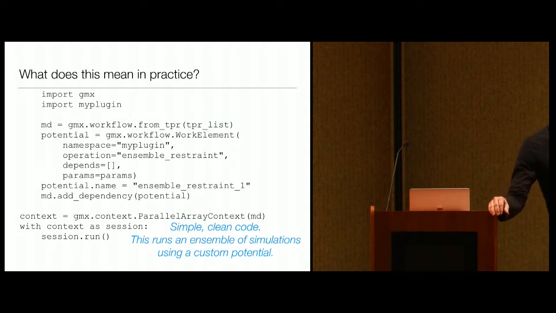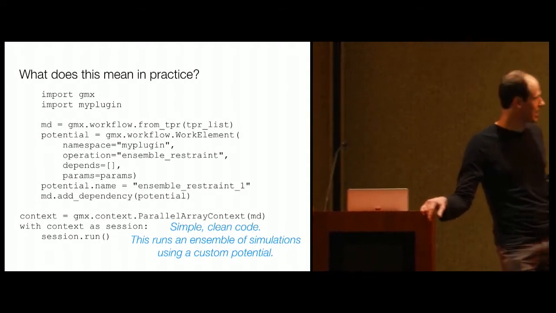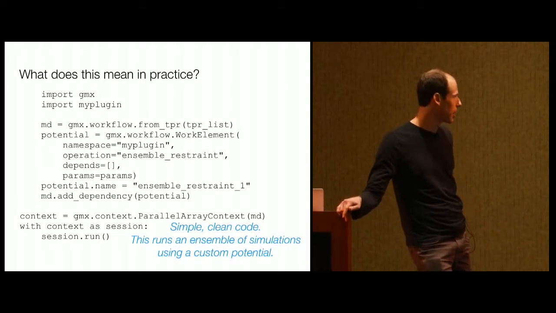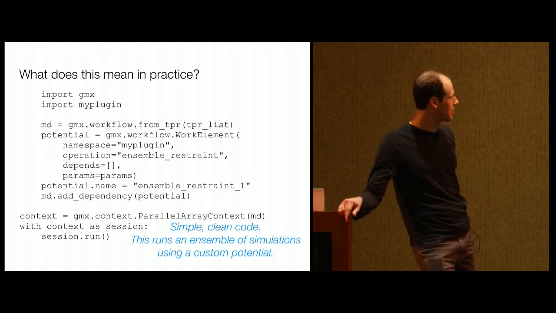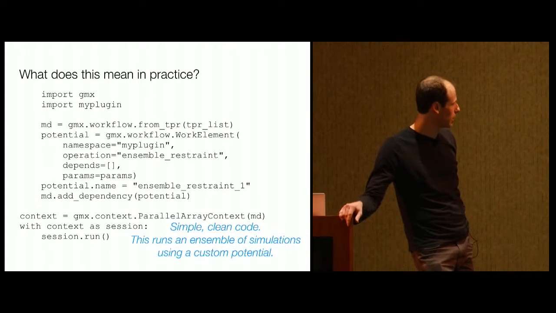So this could be one, this could be as many as you want. They could vary in any way you want. And then to connect that to a custom user plugin. And that's done in these three simple lines here.